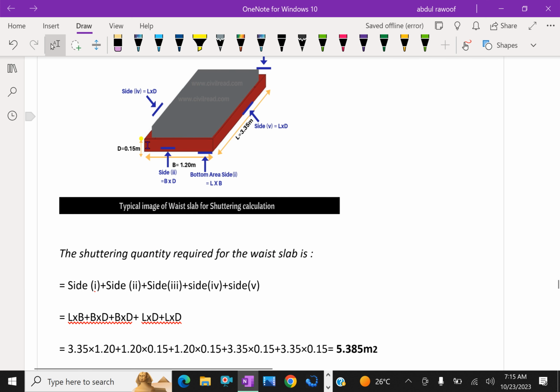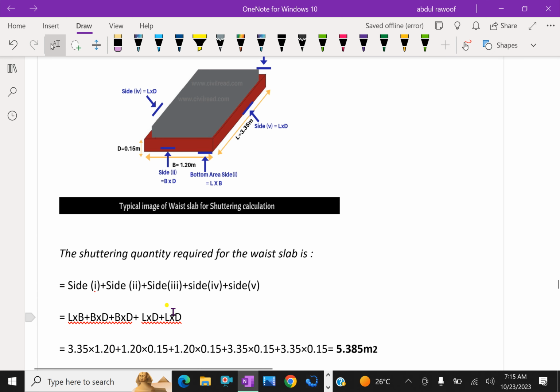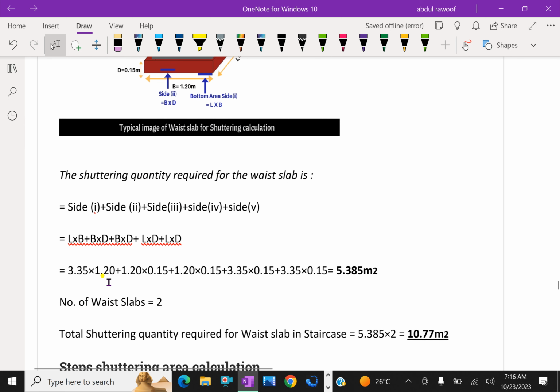These are simply rectangles: the same rectangle at the back and front, the same rectangle on left and right, and the bottom rectangle. So we have 5 rectangles, using the value 3.35. Bottom rectangle: length is 3.35 calculated here, and width is 1.2. Then width 1.2 into depth of the slab 0.15, all in meters, plus 1.2 width and depth.